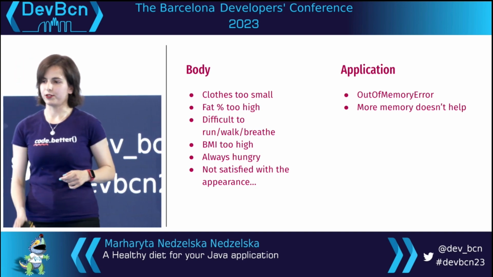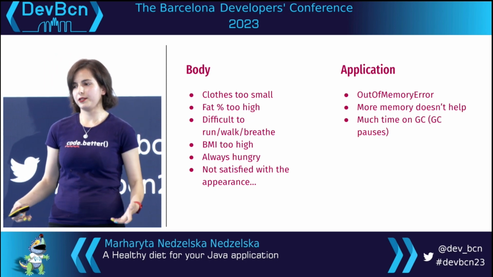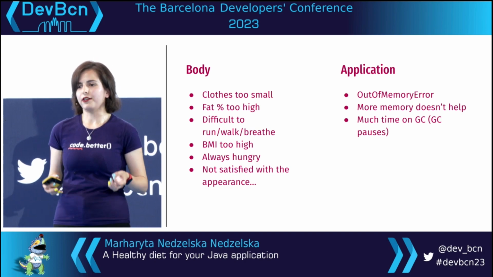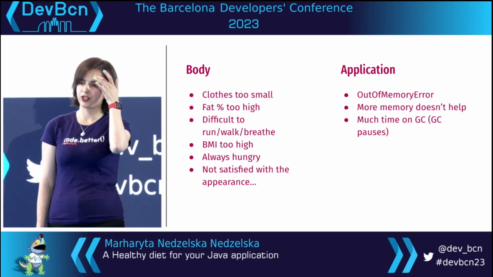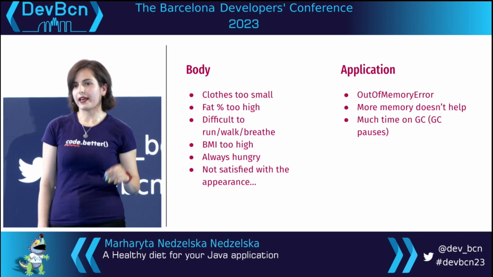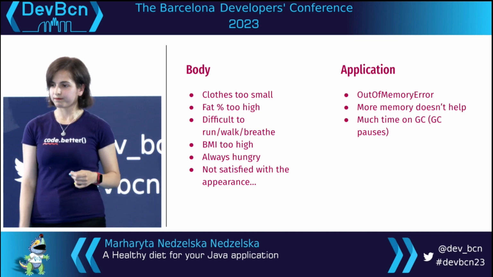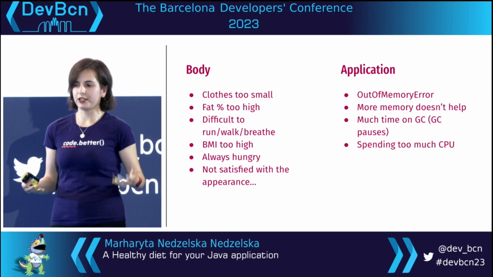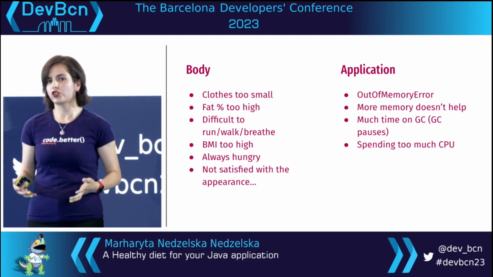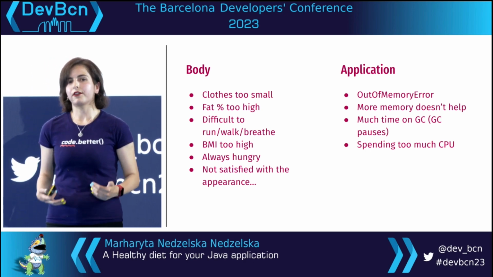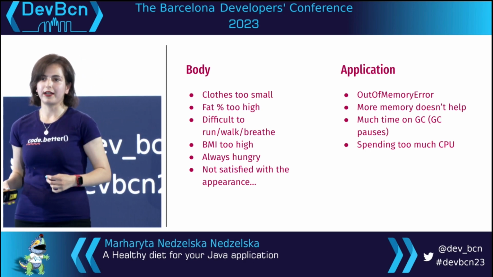Whatever you give your application, it's always eaten. That's another symptom. You spend much time on garbage collection, and you might know that GC pauses can drastically influence your performance. And for example, you're spending not just too much time, but too much CPU, because you have some memory leak.